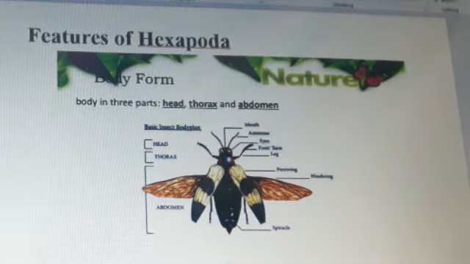Wings have thickened, hollow veins for increased strength. The thorax also contains 2 pairs of spiracles, which are openings to the tracheal system.